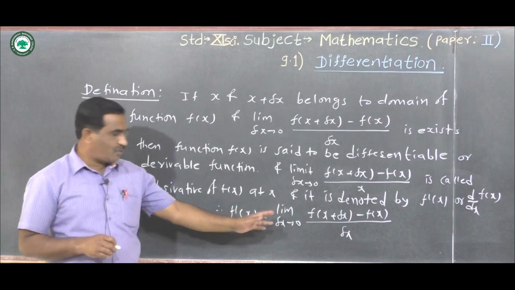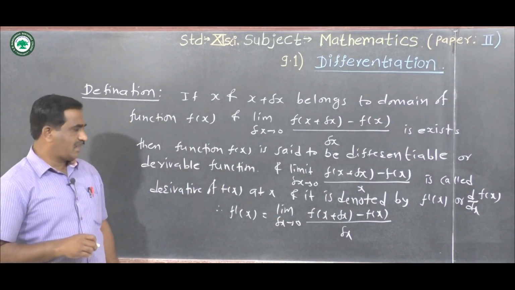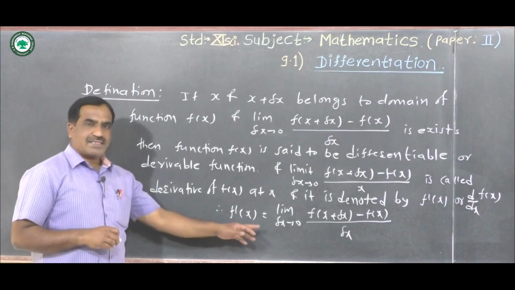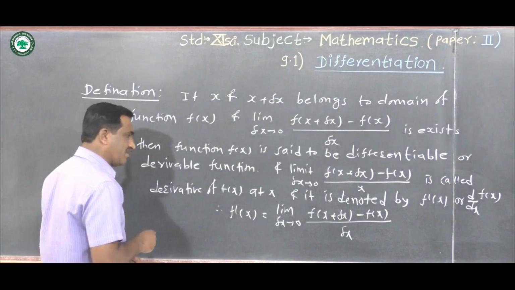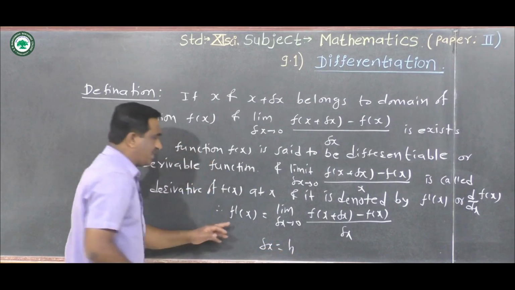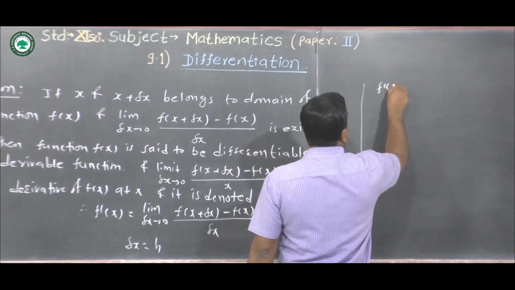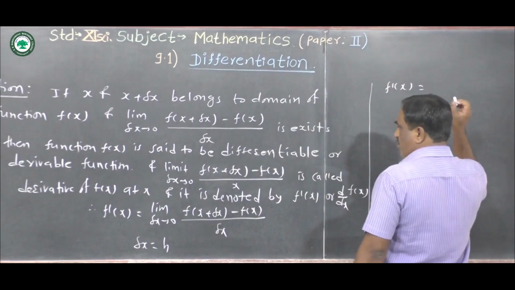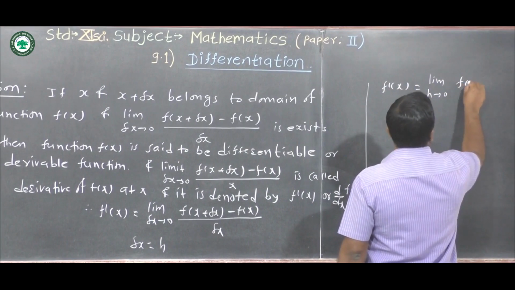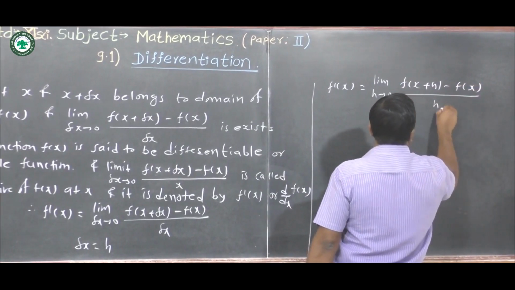Now if we take this delta x as h, delta x is an increment in x. If we put delta x is equal to h, then this equation becomes f dash of x is equal to limit h tends to 0 f of x plus h minus f of x upon h.